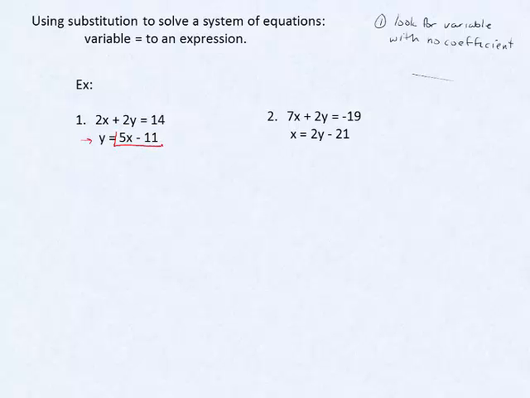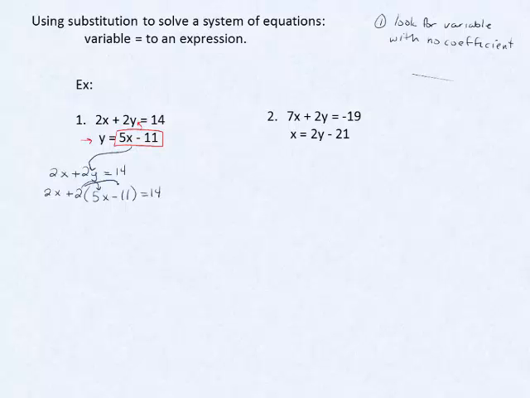I can take this y out and replace it with 5x minus 11. I can do that because y and 5x minus 11 are the same thing. The 2 doesn't go away, and I replace the y with 5x minus 11. I now have an equation with only one variable, which makes it solvable.